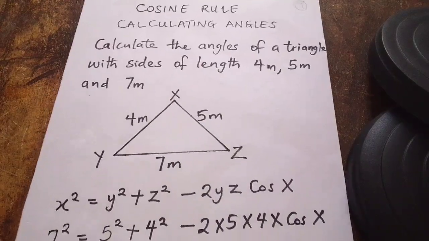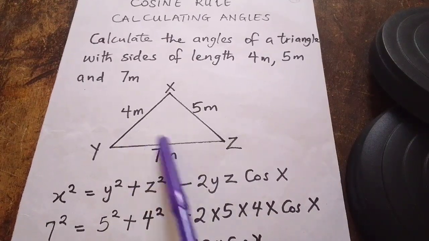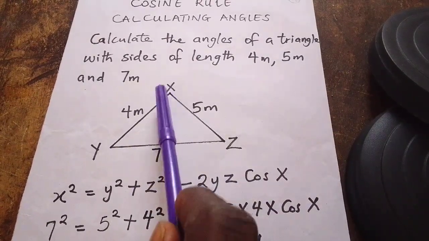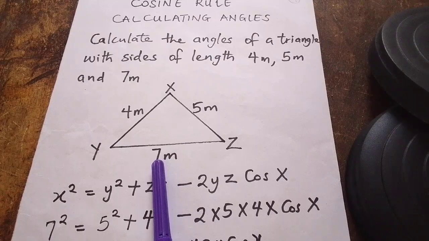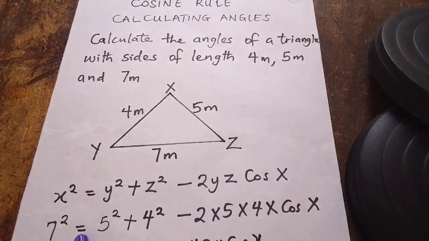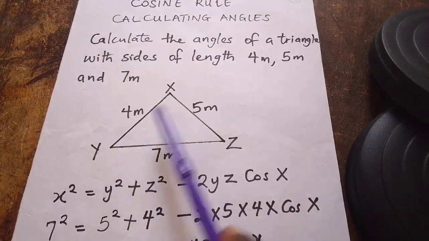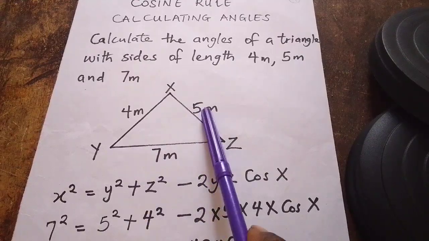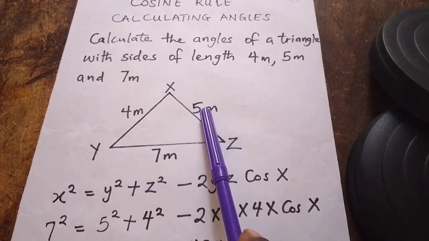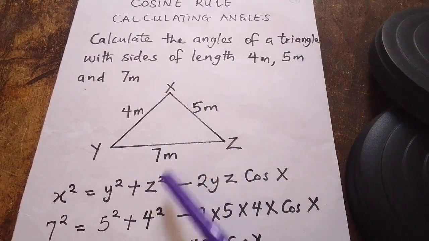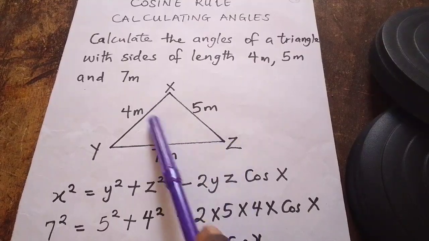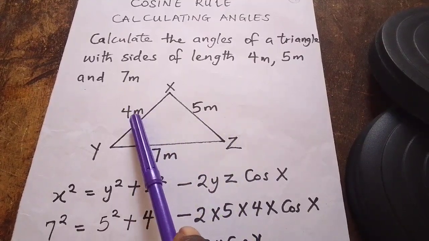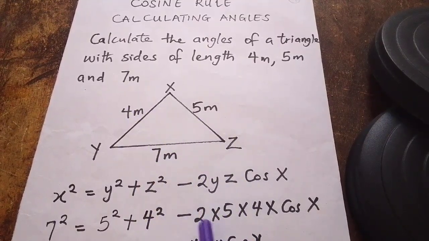When you substitute the values you've been given, the side facing angle x is 7, so 7 squared is equal to, the side facing angle y is 5, so 5 squared, plus the side facing angle z is 4, so 4 squared, minus 2 times y, which is 5, times 4, which is z, times cos x.